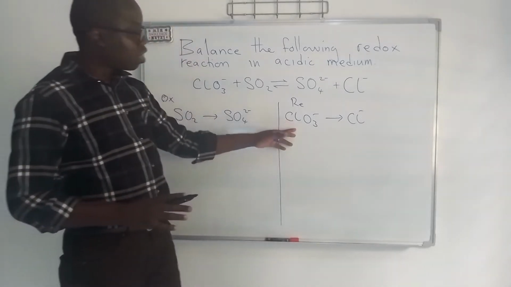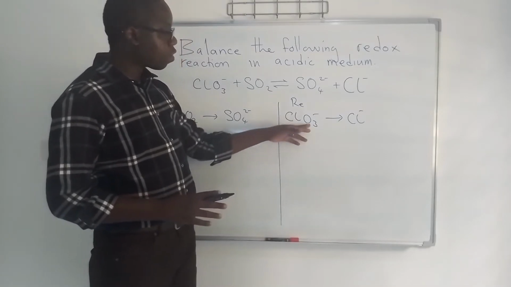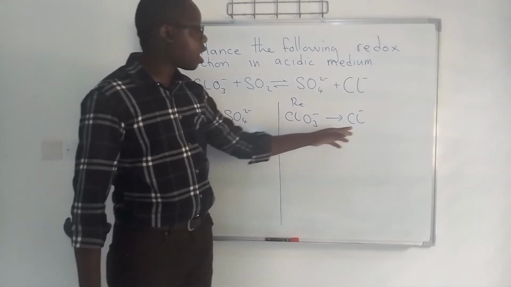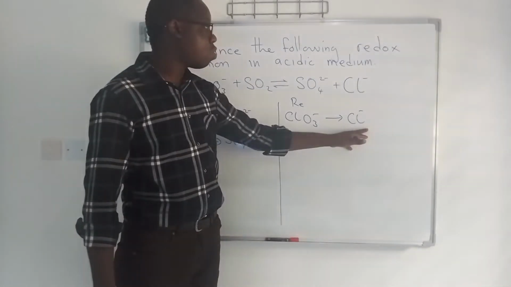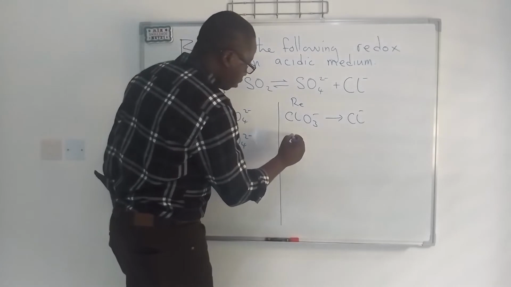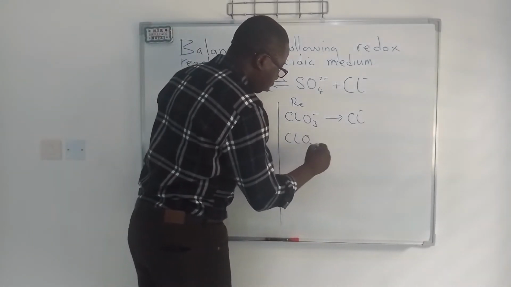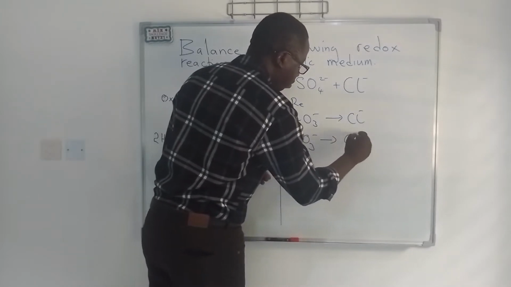When you look at the reduction reaction, we have 3 oxygens on the reactant and 0 oxygens on the product. So what do we do there? We'll simply introduce 3 molecules of water on the product part.